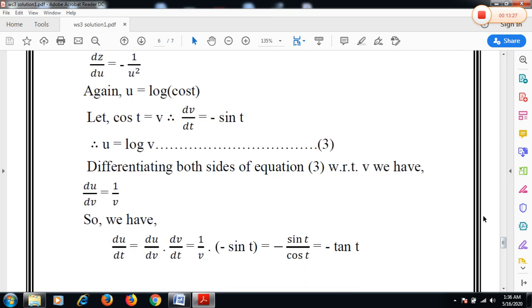Differentiating both sides of equation 3 with respect to v, we are having du/dv equals to 1 by v. So we have du/dt equals to du/dv into dv/dt equals to 1 by v into minus sin t, which gives us ultimately minus sin t by cos t equals to minus tan t. Here we have used the chain rule.